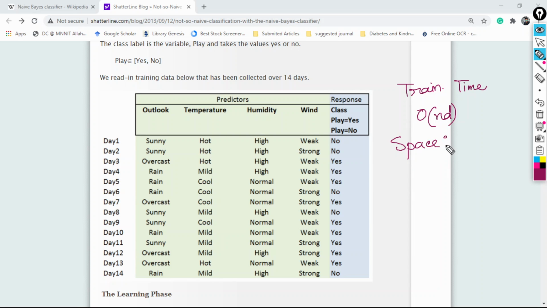Let's see the space complexity also. We have to store, here we have 4 features. Let's take we have d features, f1, f2, f3, f4, and we have c classes. We have to calculate the table for feature 1, feature 2, feature 3, feature 4.